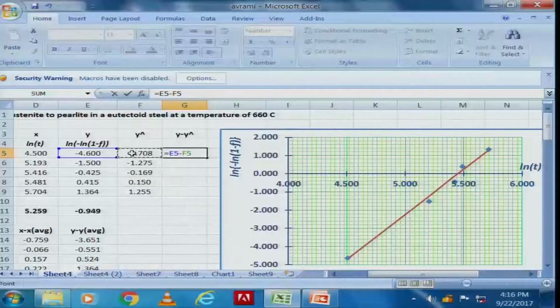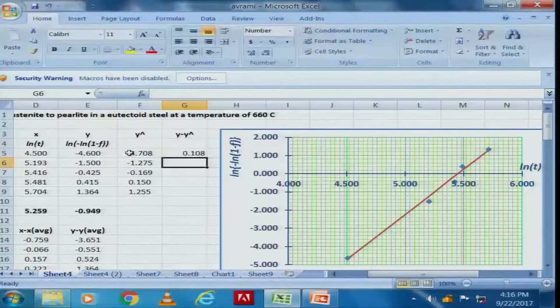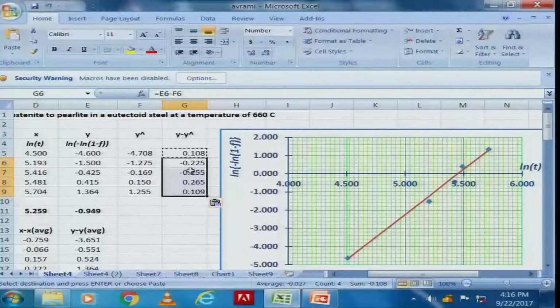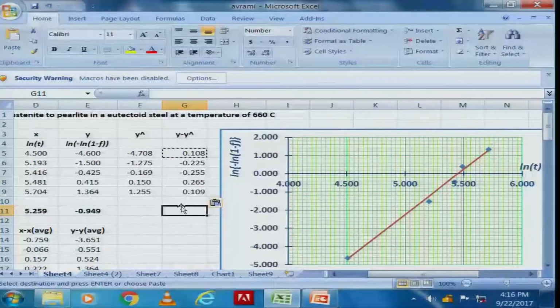So, this is E5 minus F5, which gives me the first difference, and similarly I just have to copy these formulae into the following cells, and I get the individual values of the residuals.